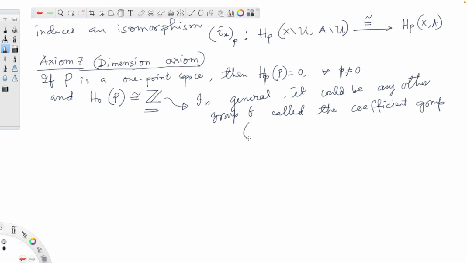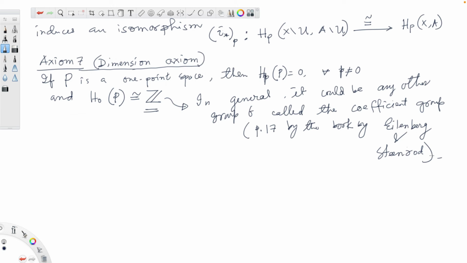Okay, so for details, see page 17 of the book by Eilenberg and Steenrod. Okay, so this is the seventh axiom, which is known as the dimension axiom.